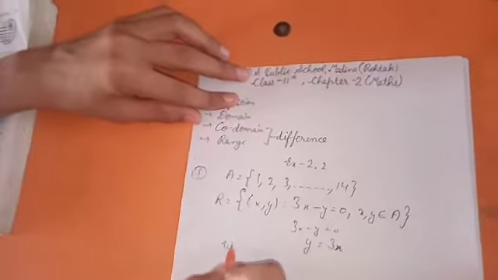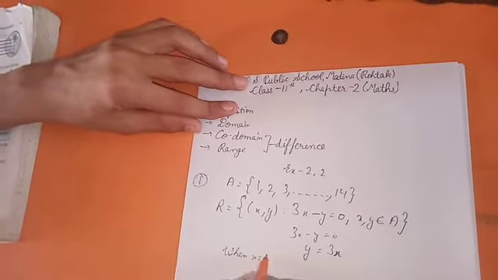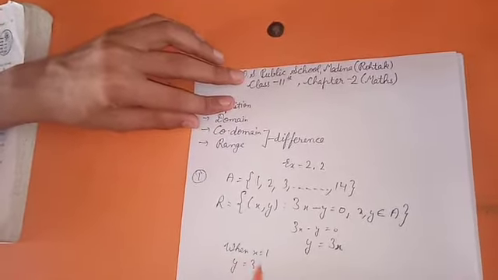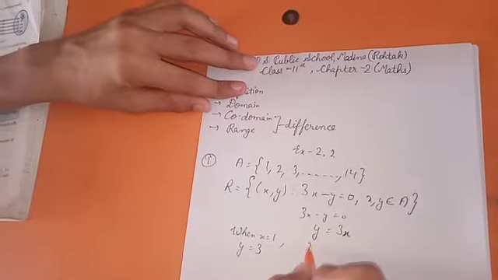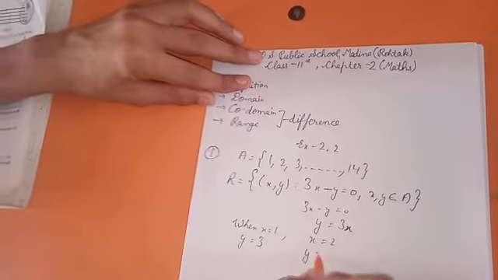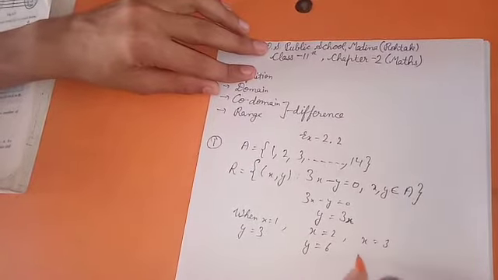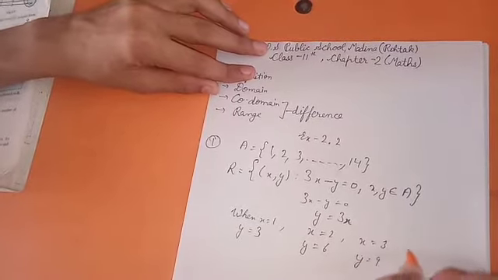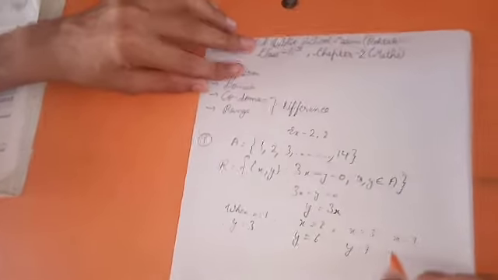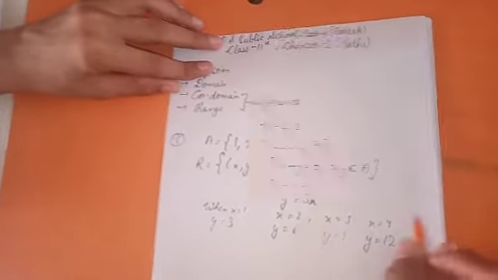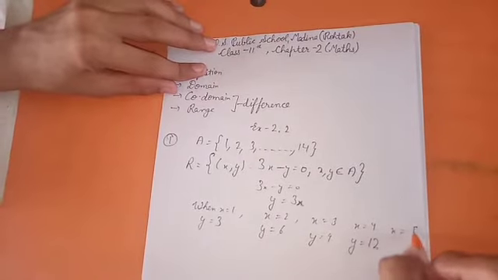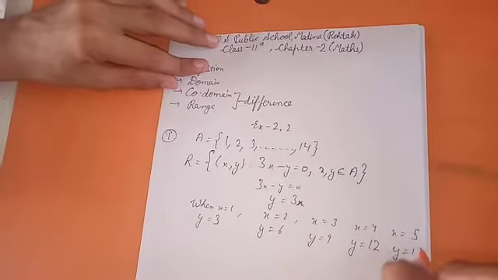When x is 1, y is equal to 3; x is 2, y is 6; x is 3, y is 9; x is 4, y is 12; x is 5, y is 15.